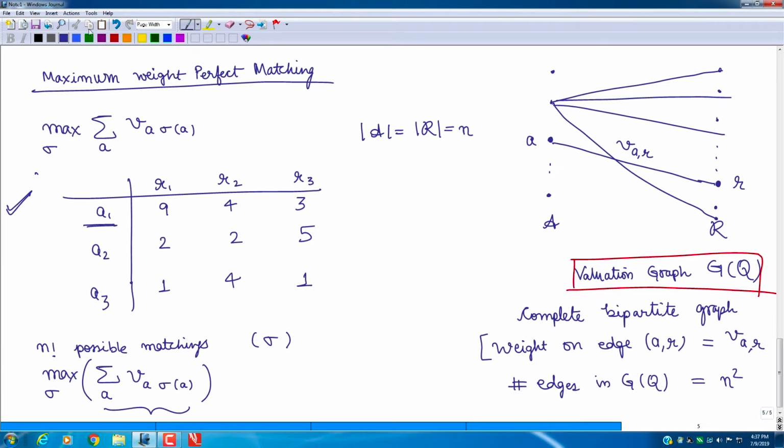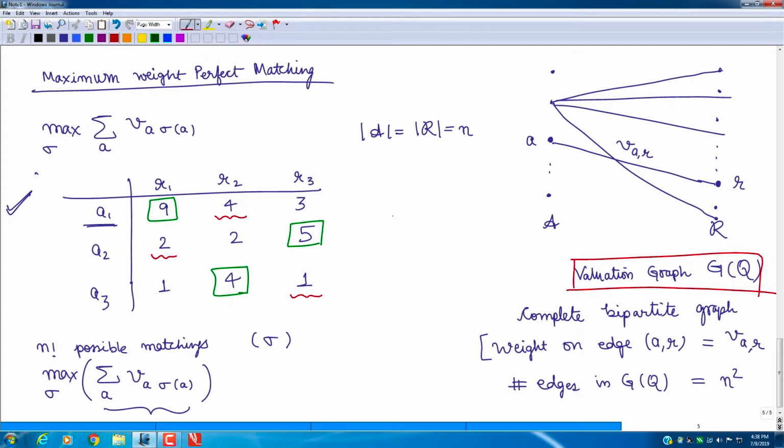Exactly. So this is the max weighted perfect matching. You can also see for this particular thing, for the first one, the value is how much? Like the green matching, how much is the weight of this particular matching?